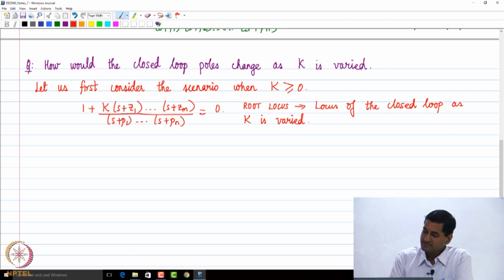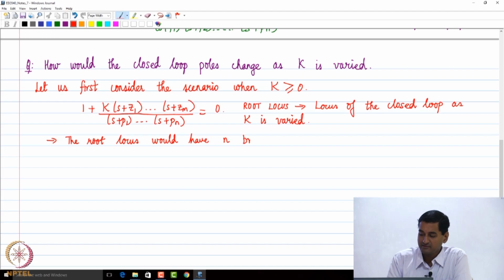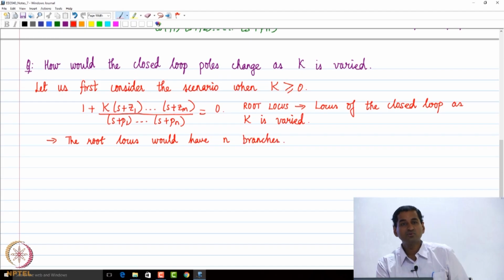The first thing to note is that the root locus will have n branches. Why? Because there are going to be n closed loop poles.